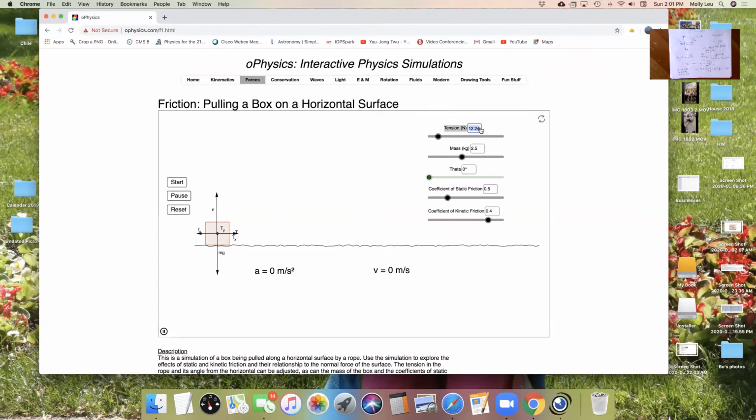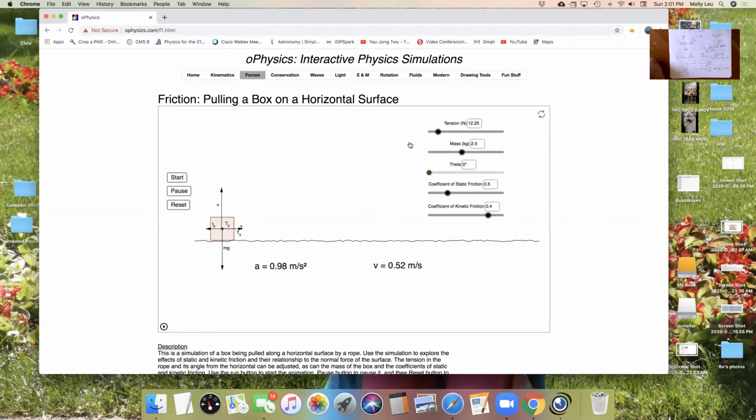But the moment I switch from 12.24 to 12.25, the acceleration has jumped to 0.98. What happened? The static friction has been replaced by kinetic friction, and the kinetic friction is smaller than the maximum static friction.